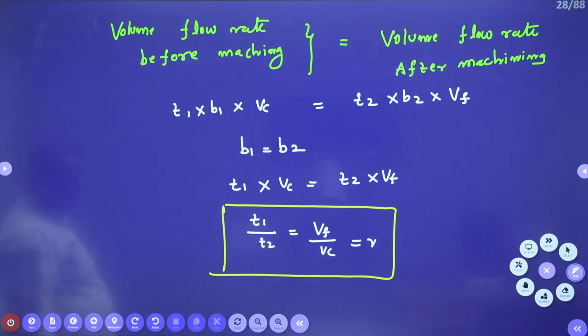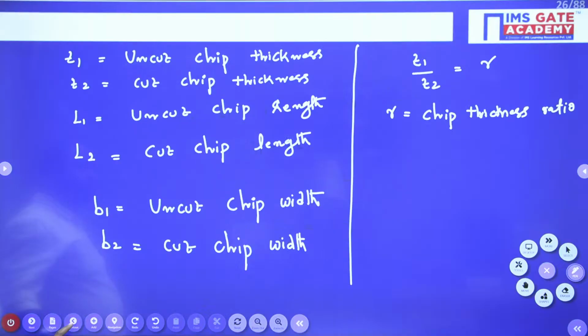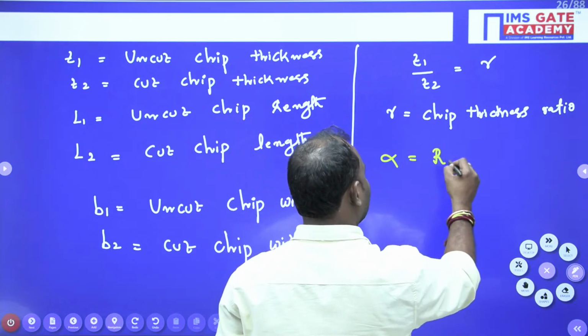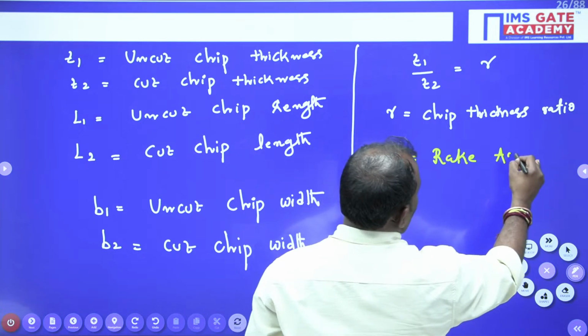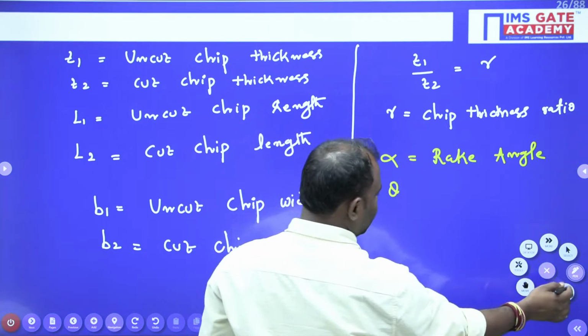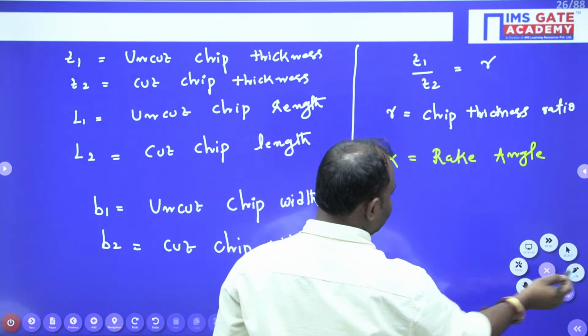Now I would like to add a few more things here. Alpha is the rake angle, not theta. Phi is the shear plane angle.